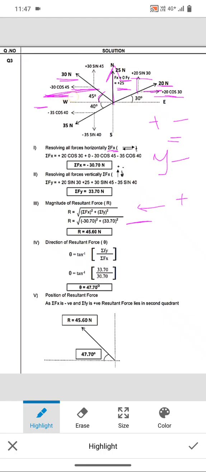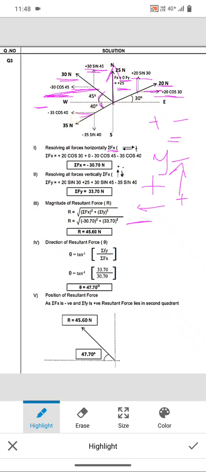Its vertical component is plus 30 sin 45 because it is acting in the upward direction. Then the next force is 35 Newton towards south of west, and the angle is 40 degrees.